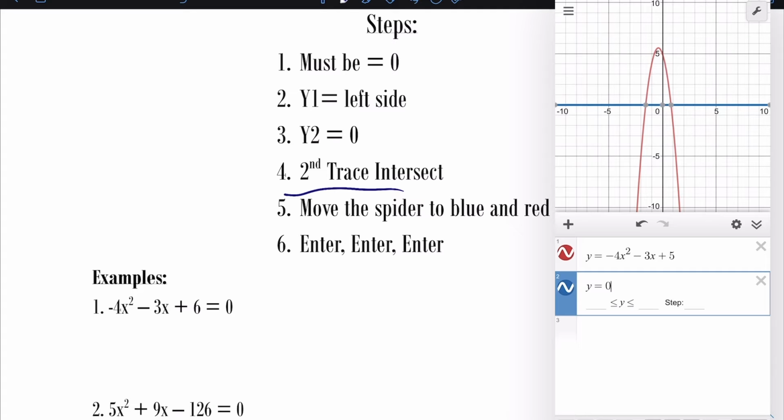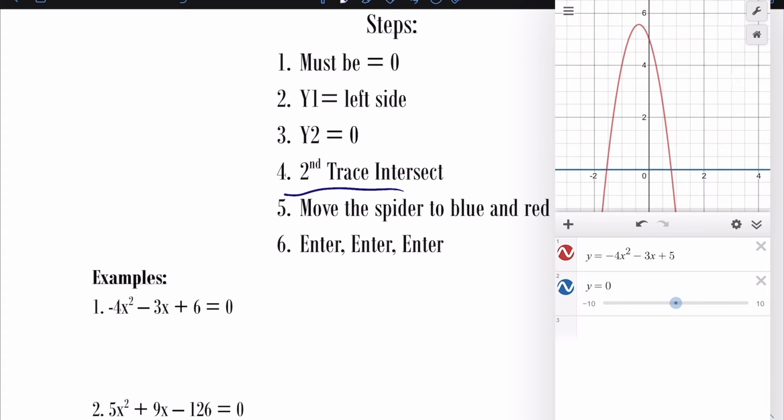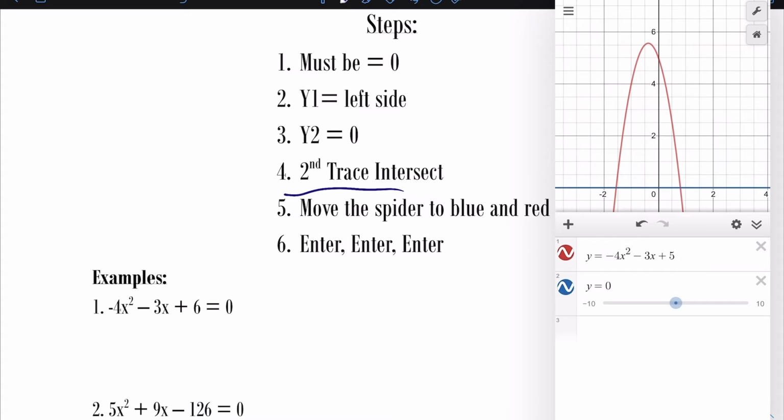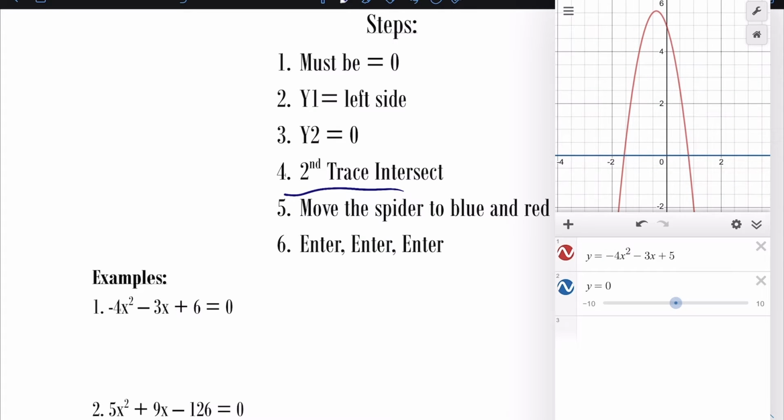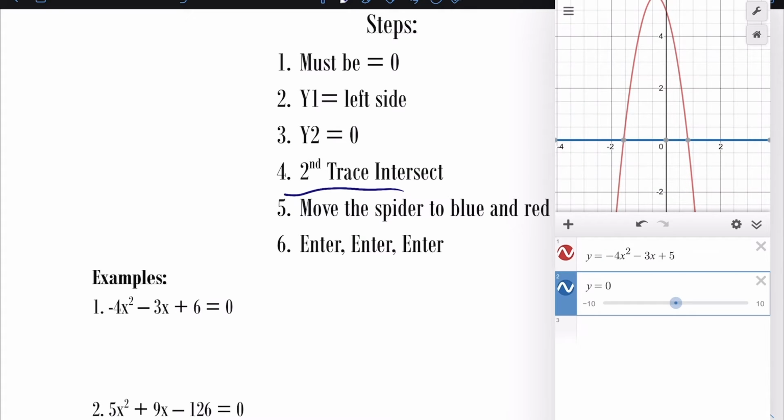All right, I typed in the two equations, and on Desmos we have the two graphs showing right now. And then all I have to do is touch about where they would intersect, and Desmos is going to automatically highlight. And if I touch again, Desmos will give me the exact coordinate of that point.